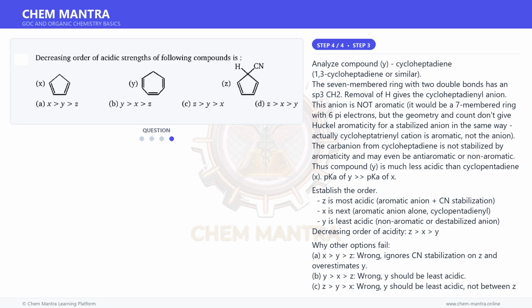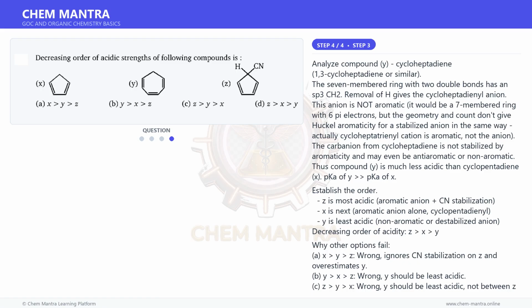And for the final step, analyze compound Y, cycloheptadiene, 1,3-cycloheptadiene or similar. The 7-membered ring with 2 double bonds has an sp3 CH2. Removal of H gives the cycloheptadienyl anion. This anion is not aromatic.